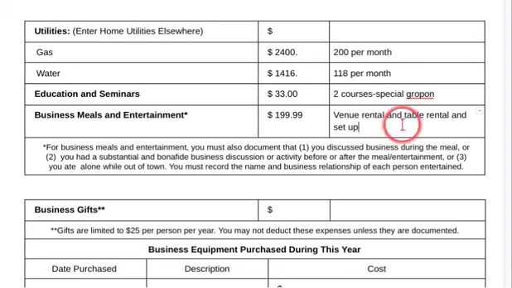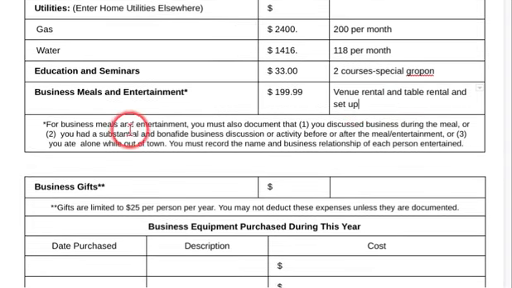And for business, meals, and entertainment, you must also document that you discussed business during the meal, or you had a substantial and bona fide business discussion or activity before or after the meal, entertainment, or you ate alone while out of town for a business deal.